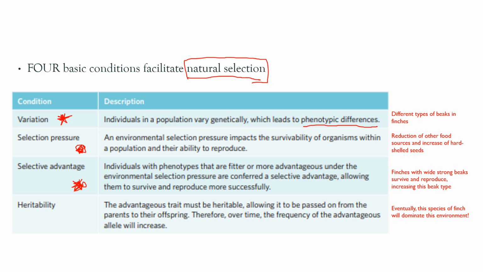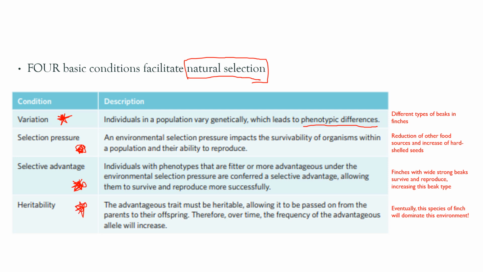In our scenario, it was those big, broad, strong-beaked birds that had the selective advantage, which allowed them to reproduce offspring. If we did not have as much genetic diversity and we only had thin-beaked birds, it'd be very likely that the finch species would become extinct because it wouldn't be able to survive the selection pressure. So we need to have that selective advantage.